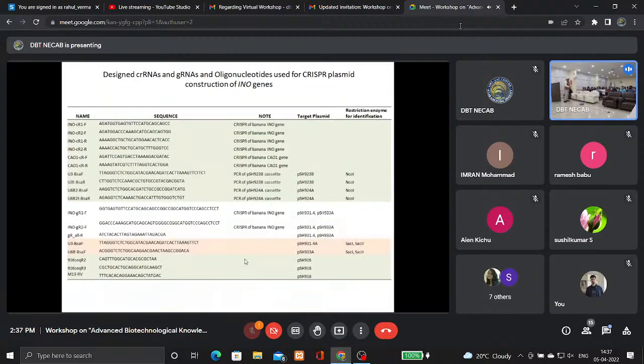Once we develop all the binary vector systems, we now need to design a series of primers. These primers are very important for cloning your guide RNA. A number of primers need to be designed, and you will see why when we use them during the cloning.